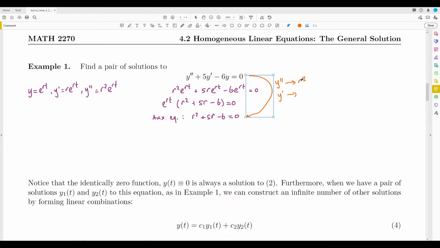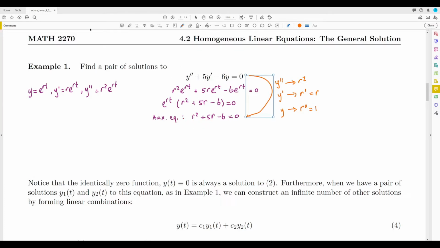The second derivative becomes an r squared. The first derivative becomes an r to the power 1, which is just r. And the y, the 0th derivative, is r to the power 0, that's just a 1. So y double prime is r squared, 5 times y prime becomes 5 times r, and negative 6 times y becomes negative 6 times 1.